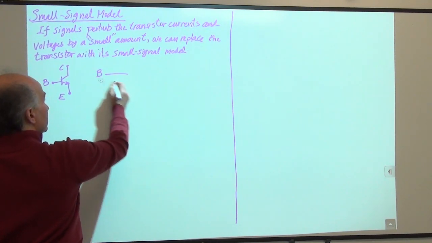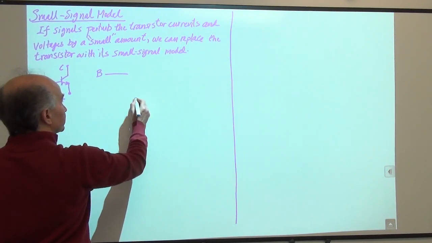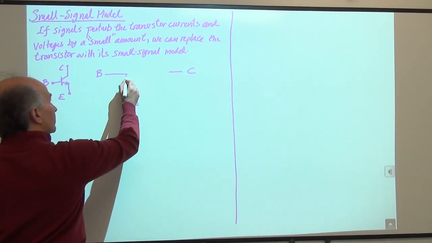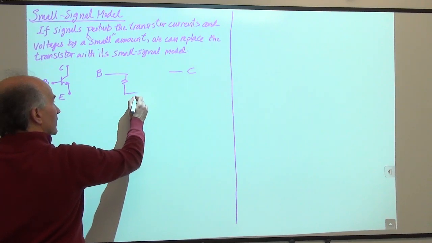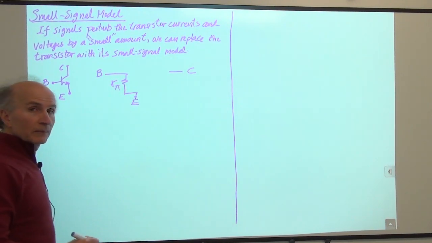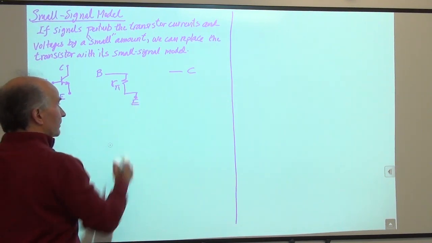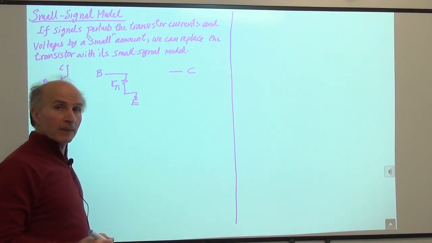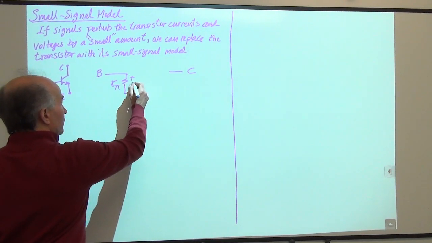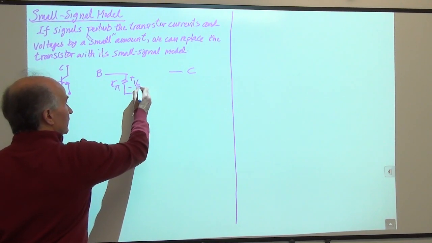Here's my base, here's my emitter, and here's my collector. So I will place a resistance of R pi between the base and the emitter, and we'll see how much R pi is. And now this R pi has a voltage across it, which we call VBE.